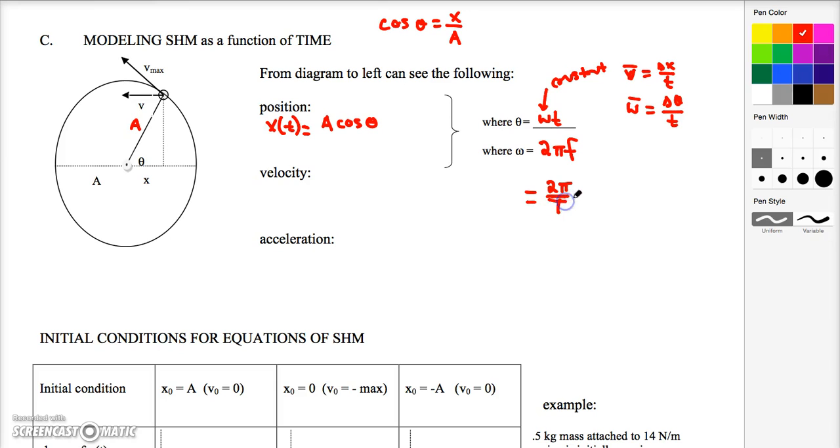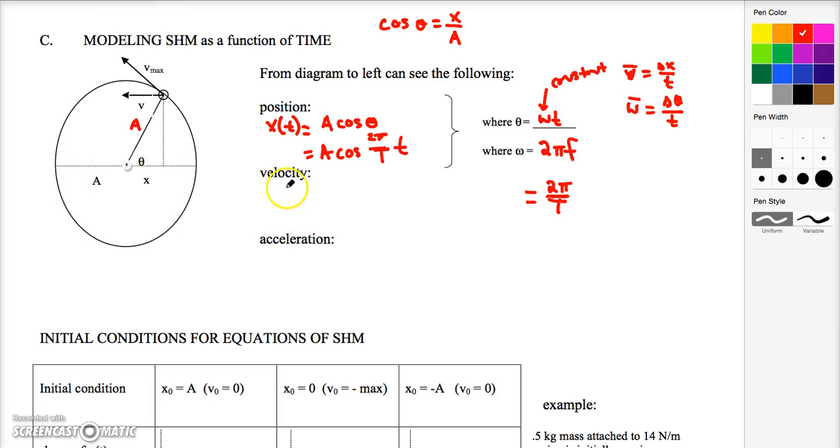So essentially this becomes A times cosine, and I'm going to substitute omega t for theta, and then also substitute omega as 2π over T. So I get 2π over T, that's my period, times t. And so this is my position as a function of time for any time t. A is the amplitude, so that's the radius of the circle, and T is the period, how long it takes to go around one complete revolution.